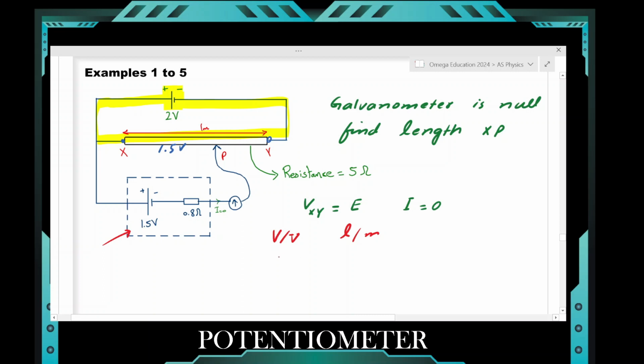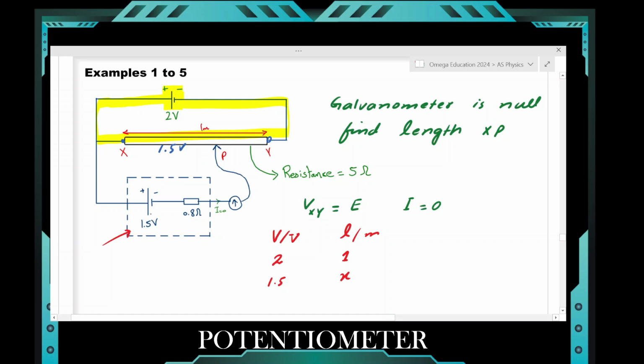When the voltage was 2 volts, it was across the length 1 meter, or for 1 meter length the voltage is 2. And if the length is unknown, XP, you can write XP here, for what length the voltage would be 1.5. And we know the voltage across XP would be 1.5. How do we know?